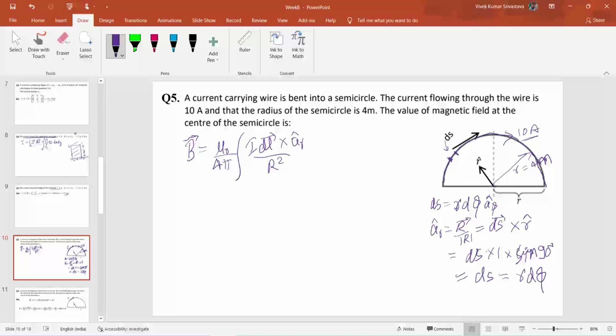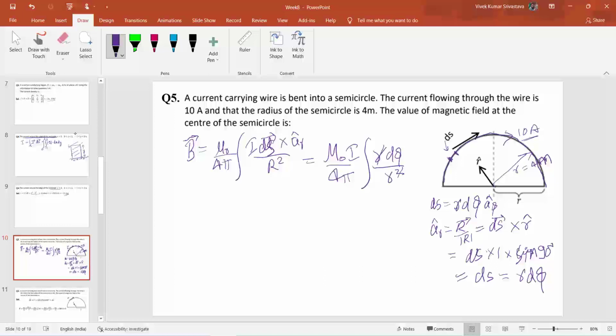So we have to just put the value of a_r here and dl, or say ds. So we can determine the value of B as μ0 over 4π into I, which we can take outside here, and this will be equal to r dφ over r square.